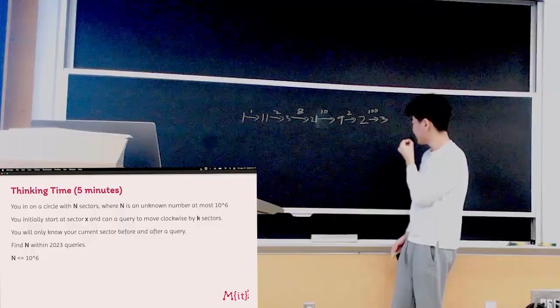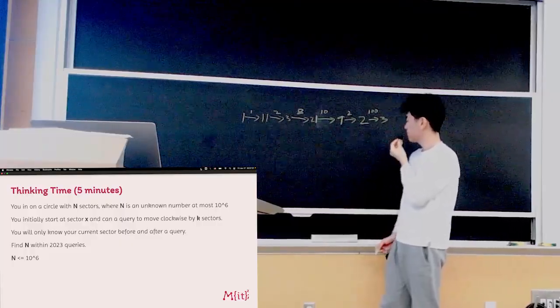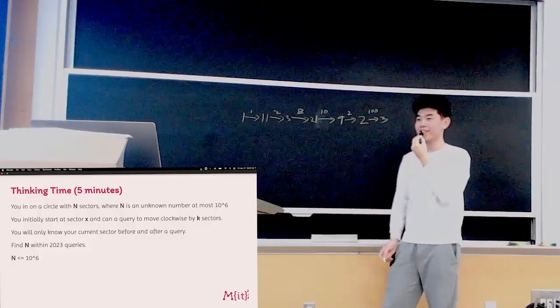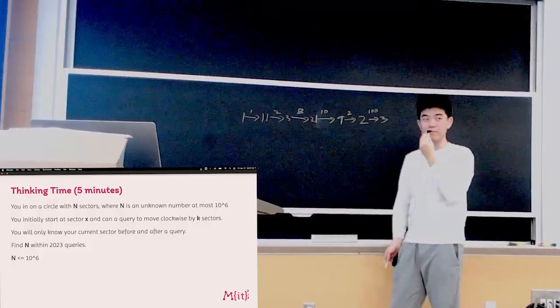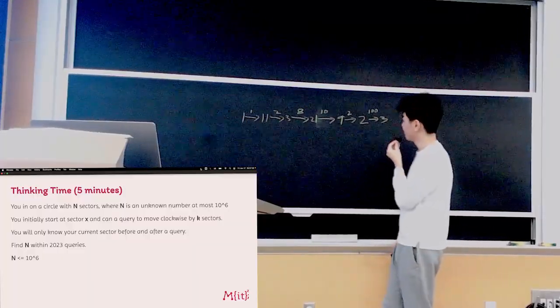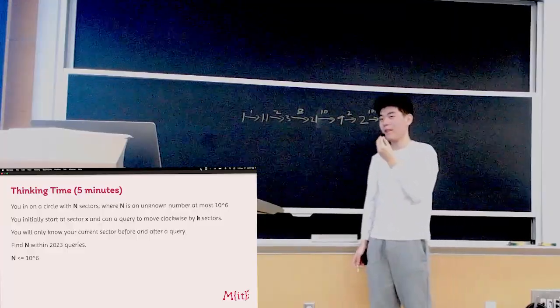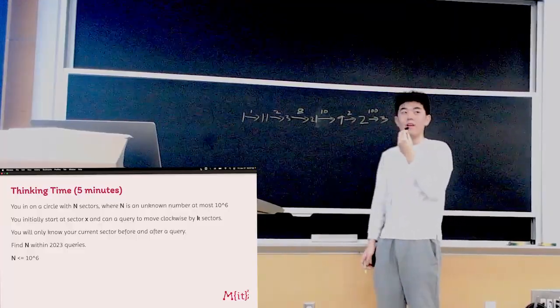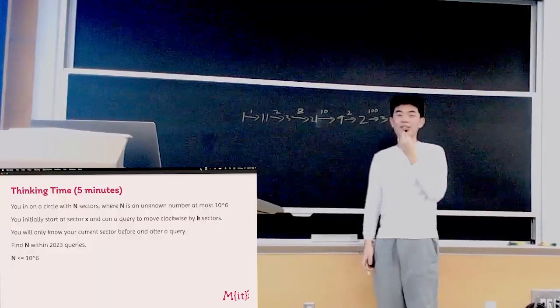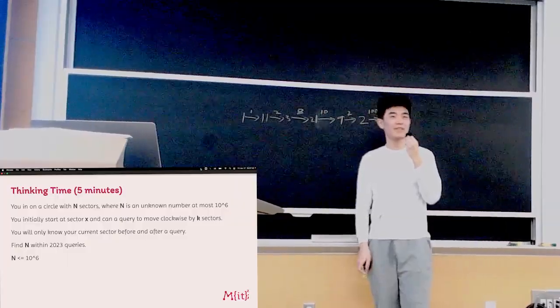Actually, is it possible to determine n from this information so far? Shouldn't be. Not yet. Okay, so any more numbers? 60.